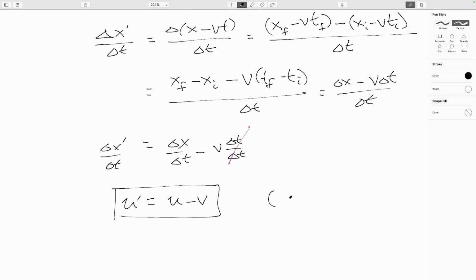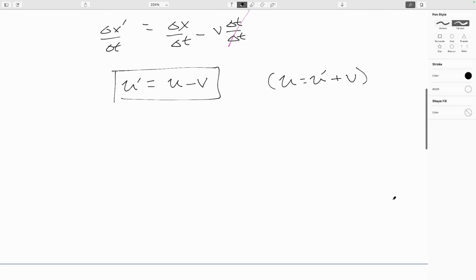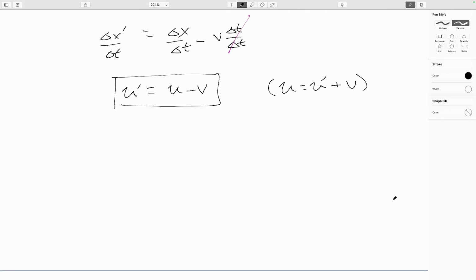Again, you can do the algebra to get the inverse transformation, and again, it follows the rule of thumb of change the primes, change the signs. All right. Well, we can take this one step further. We can ask ourselves, what about the acceleration? All right. So we can go ahead and play that game.